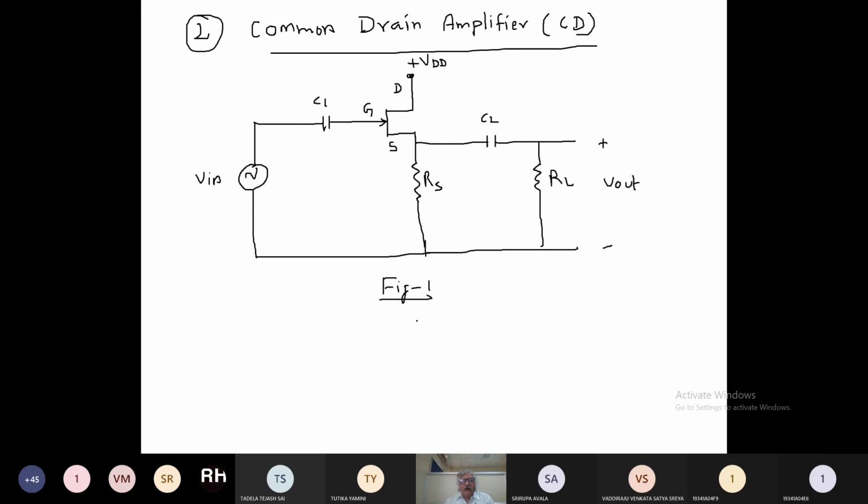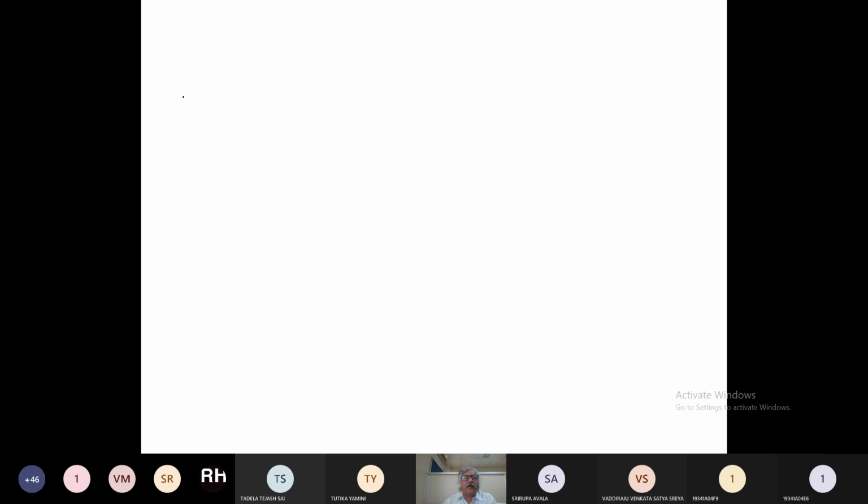Now we will draw the AC equivalent circuit of this figure, right? So for drawing this AC equivalent circuit, simply what we will do, we will short these capacitors, and it will be like this.